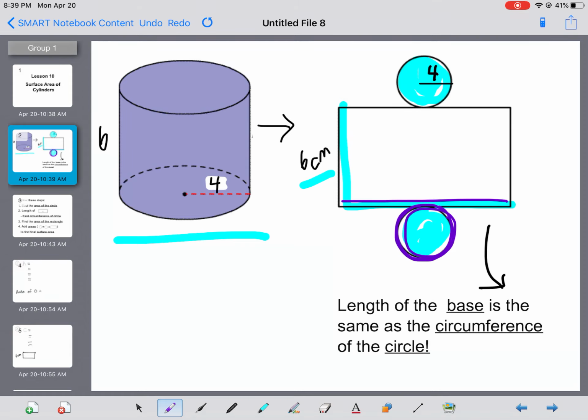So to find the length of the base, all you have to know is how to find the circumference of a circle. It's been a few lessons since we've done that, but the formula is pi times the diameter. So we have all of the information that we need to figure out the surface area of this cylinder.